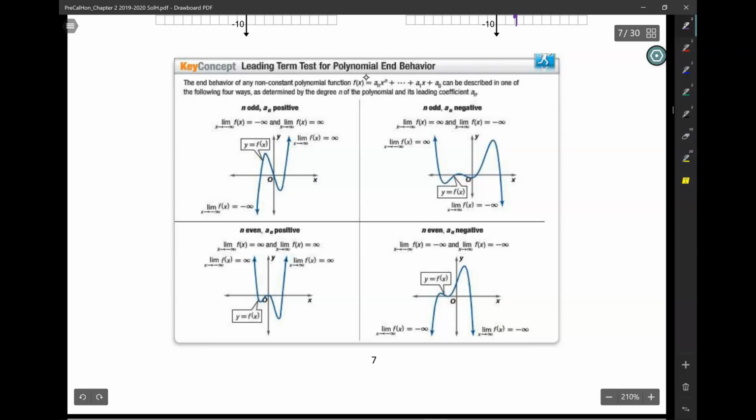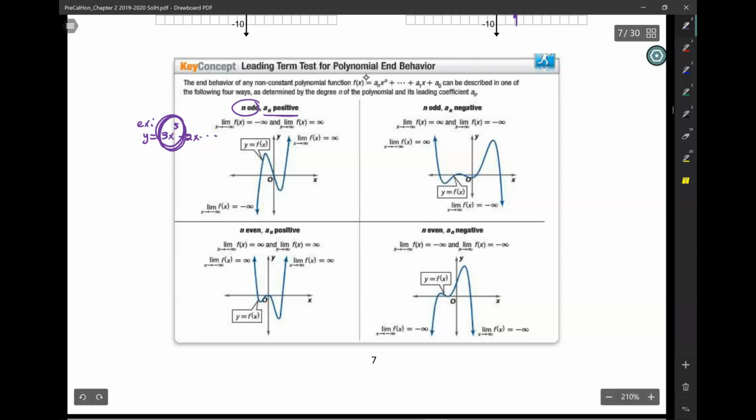Odd, and it says so here. The exponent is odd, and we know that a_n, the leading term, is positive. So for example, this would be y equals 3x to the 5, minus 2x, and so on. I don't care about that. All I care about is that the leading term has an odd exponent with a positive coefficient. So that's what we have to look at.